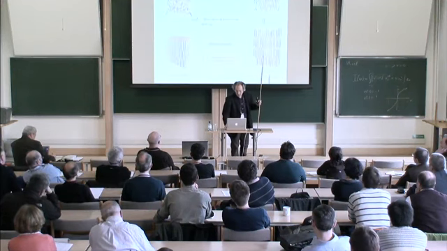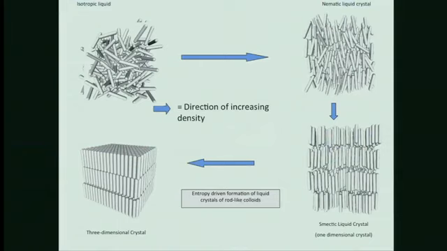A very brief introduction about liquid crystals, in particular lyotropic liquid crystals, and the role of computer simulations. As many of you will be aware, if you have particles with purely excluded volume interactions, you can have a very wide variety of liquid crystalline phases.